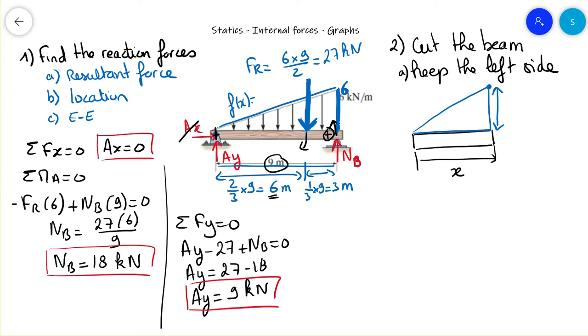So it's equal to delta y divided by delta x. So delta y is 6, divided by delta x, that is 9, times x. So it's equal to 2/3 times x.